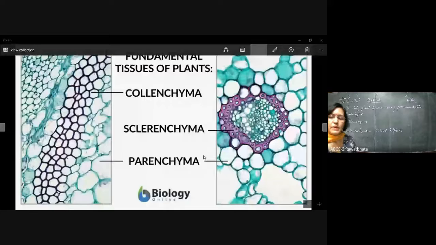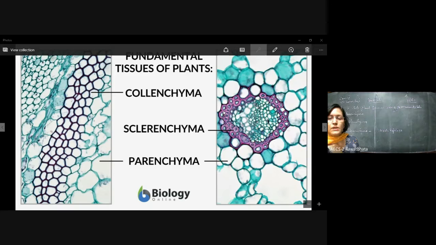So these are basically the parenchyma cells, both the sides you can see. Then we have this collenchyma, it's very clear here. And sclerenchyma is like the odd one out. You can clearly demarcate their presence.